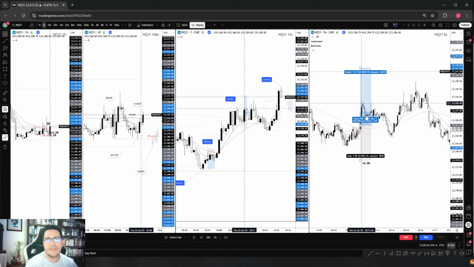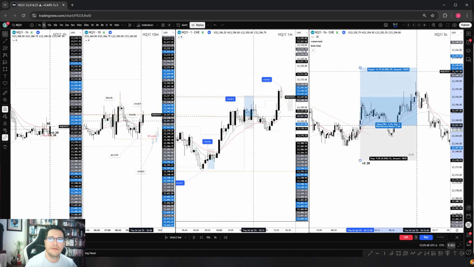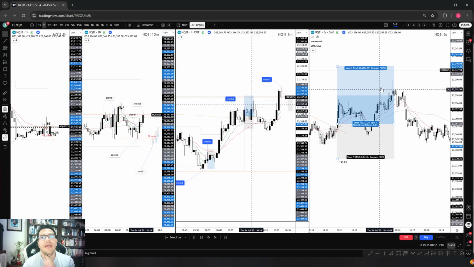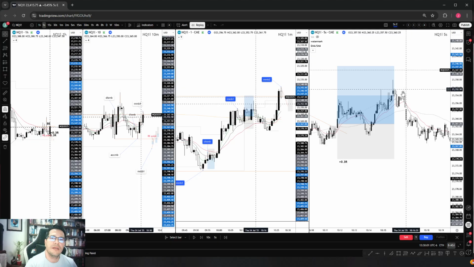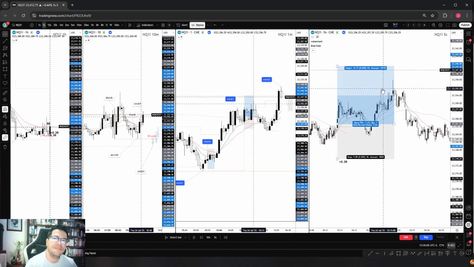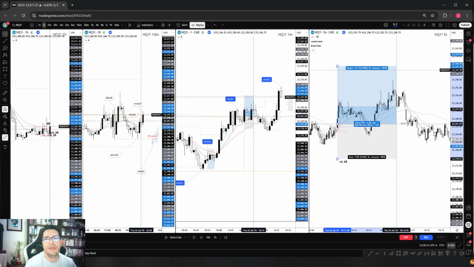In this case, I should have let the trade run just like this, get back below my entry point, then we had a reaction from there, then we had kind of a move up, and after this point it's probably that I would have moved my stop loss to break even, and then as you can see, price then gets back to break even.